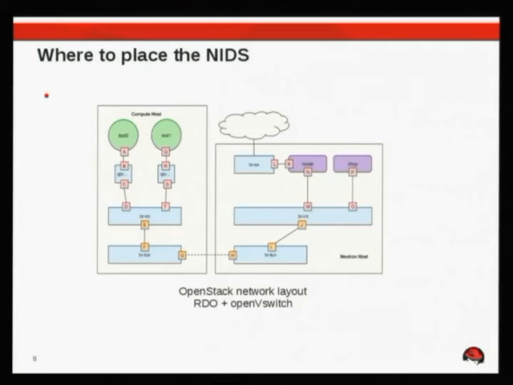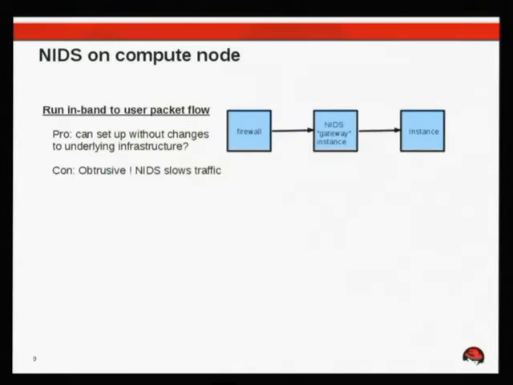So that's the network layout internally, and if you're an administrator, your next question is, where do I plug in my IDS? So here's one option that you could do. You could just create another instance and put it between that firewall, that Linux bridge that I mentioned in the previous slide, and the instances.